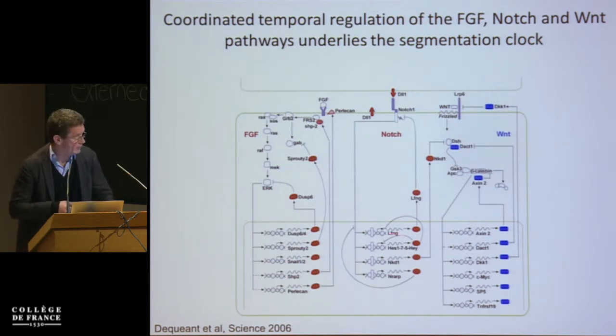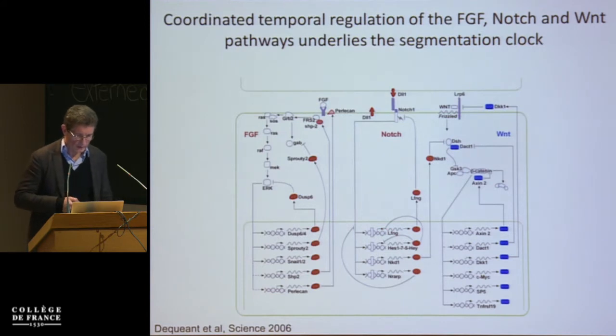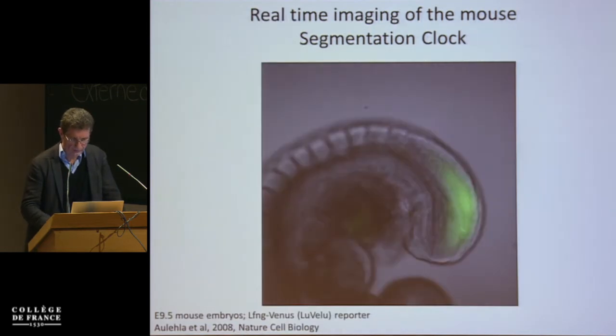So most models have been centered on this cyclic gene here called Hes7 in the mouse, or the her genes in fish, which are transcriptional repressors that can negatively regulate their own expression. But I don't think they really reflect the whole complexity of the system, but that's just to give you an idea of the general principle.